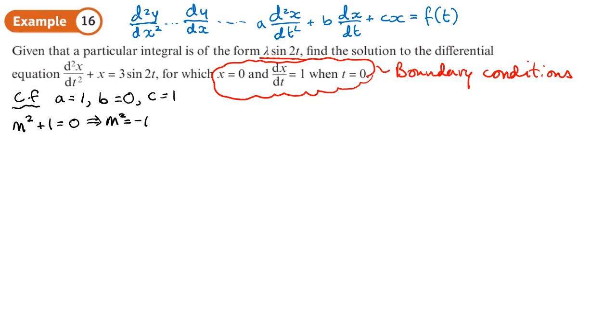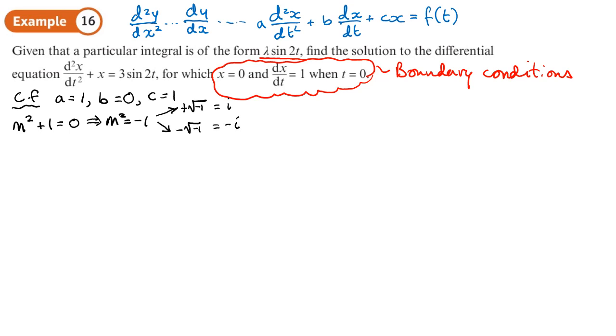So we're going to have complex solutions or imaginary solutions. So we would have plus the square root of -1 minus the square root of -1. And we know the square root of -1 is i. So we end up with i and minus i as our roots.